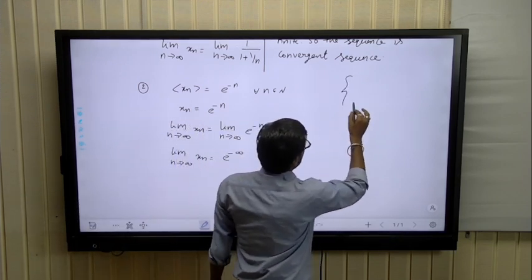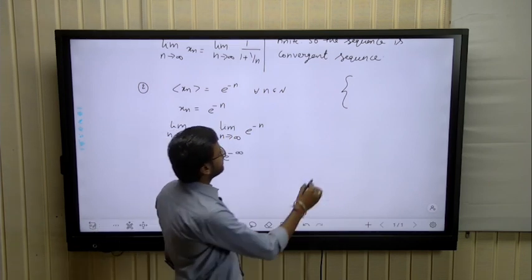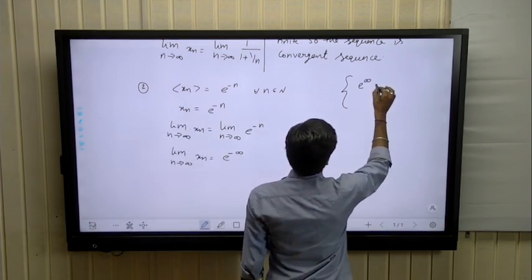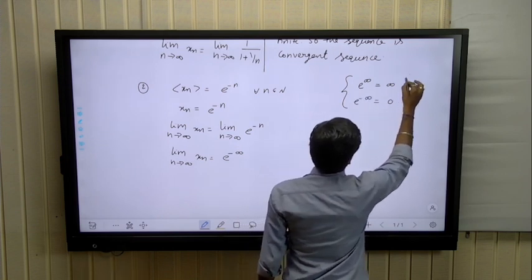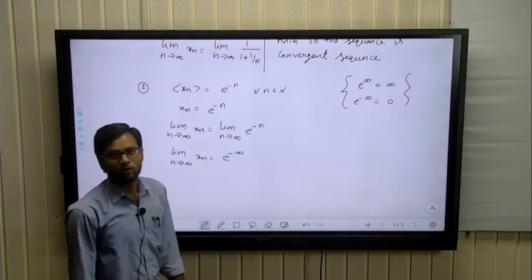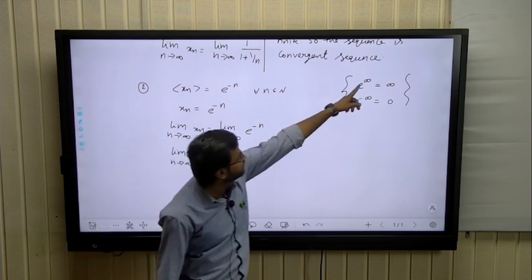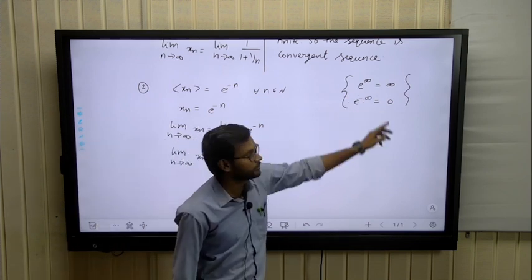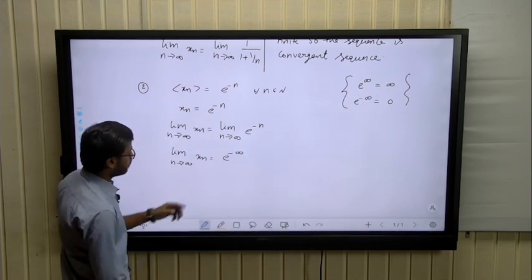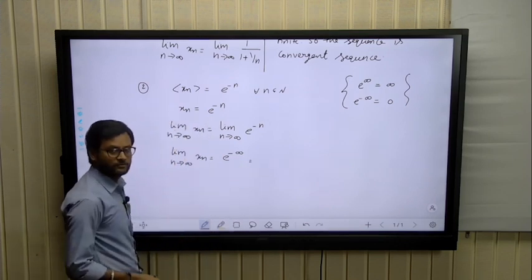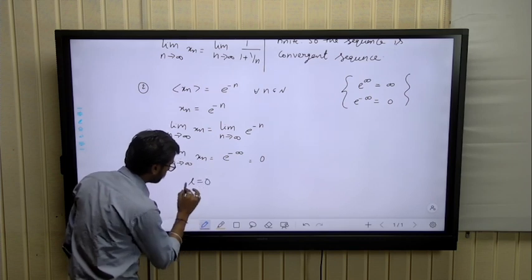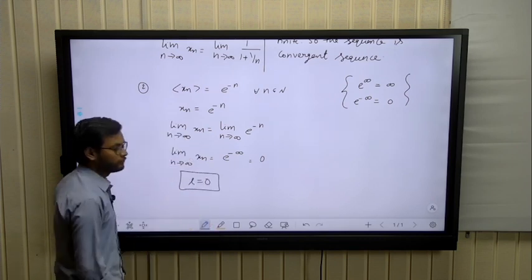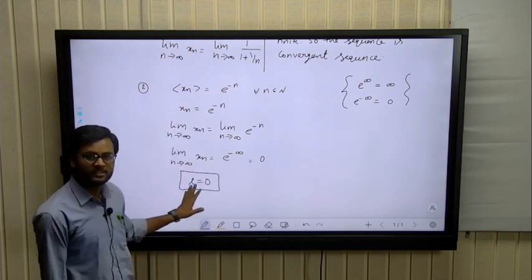I hope you know that e to the power infinity is infinity and e to the power minus infinity is 0. So the limit of the sequence is 0. The first step is complete.